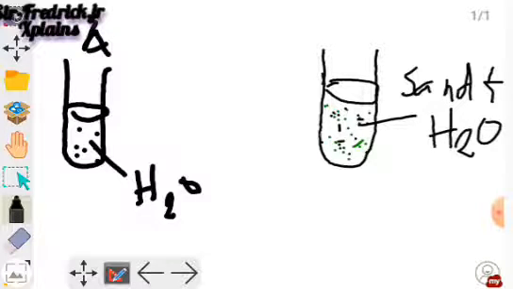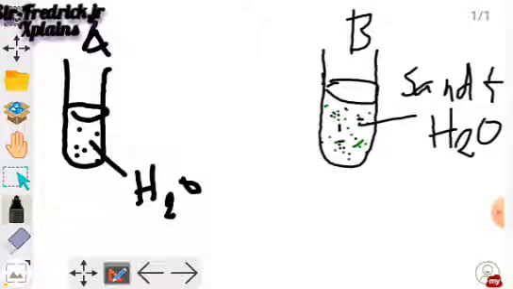Okay, so the question is this: what is the difference between the substance in A, which is only water, and the substance in B, which is sand and water? Probably others will say in beaker A there is only water, and in B there is sand and water.